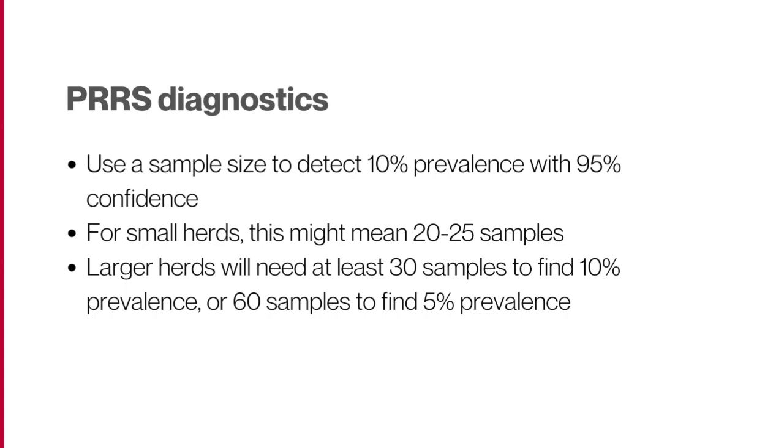In larger herds, we end up with at least 30 samples if we want to look for 10% prevalence, and 60 samples if we want to look for 5% prevalence. These are, let's say, the rough estimates in terms of sample size, and it all regards to blood sampling of individual animals. Of course, in the lab, you can pool the samples 5 in 1. That's okay, that's possible, and it doesn't really affect the outcome of the PCR.